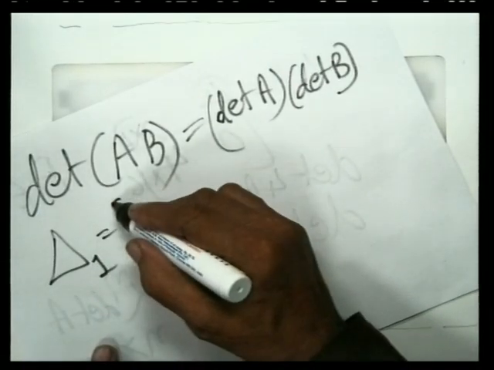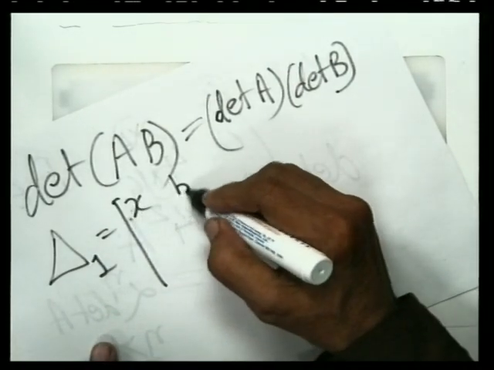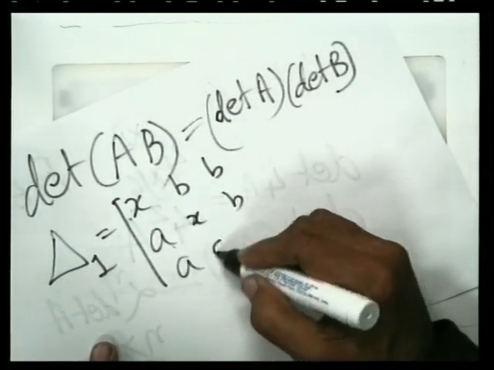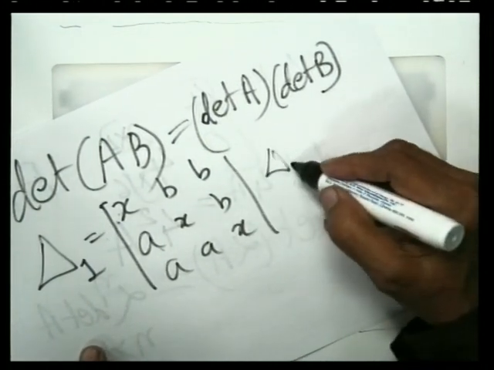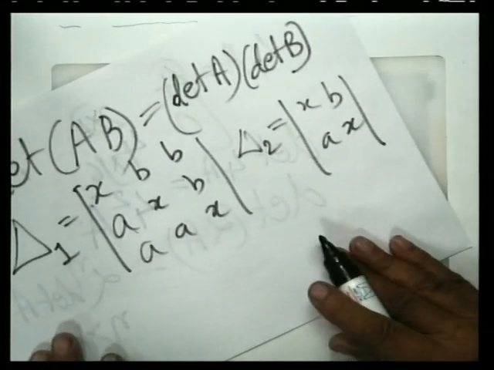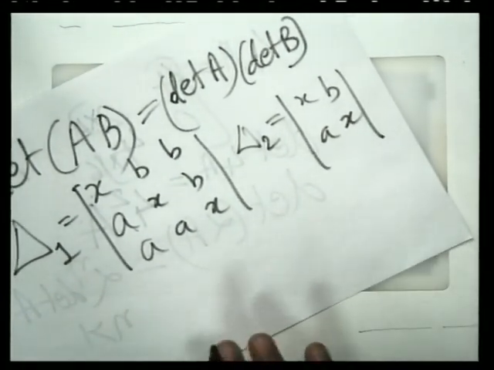There are other problems. I just give them to you as an exercise because we don't have the time. But using the properties, just one problem: let delta 1 be this determinant x, b, a, x, b, a, x, and delta 2 is x, b, a, x. Now let us interplay the determinant property, system of equations, and derivative.